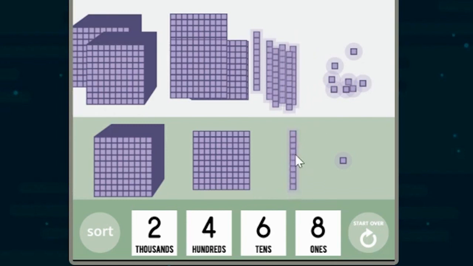Now 6 tens. 2,468. 2,458. 2,448. 2,438. 2,428.